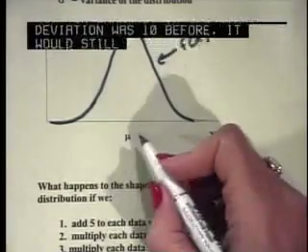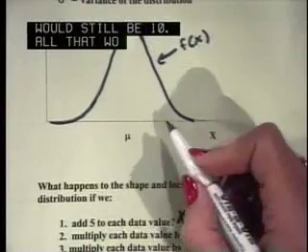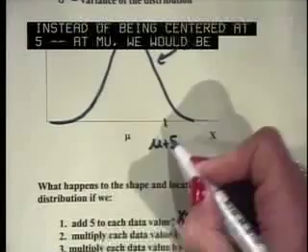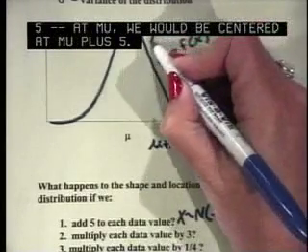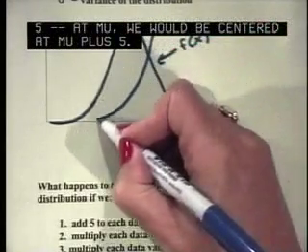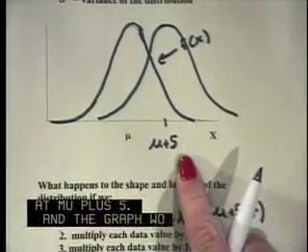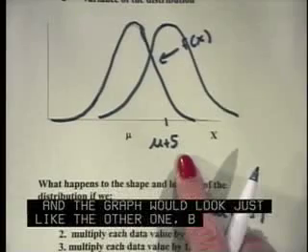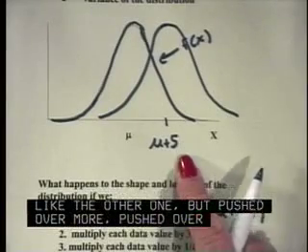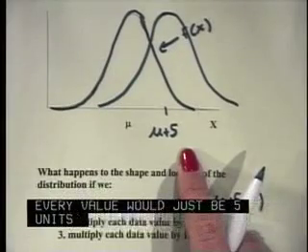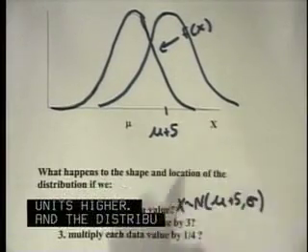All that would happen is that instead of being centered at mu, we would be centered at mu plus 5. And our graph would look just like the other one, but pushed over 5 units. Every value would just be 5 units higher, and the distribution would still look the same, just shifted over.